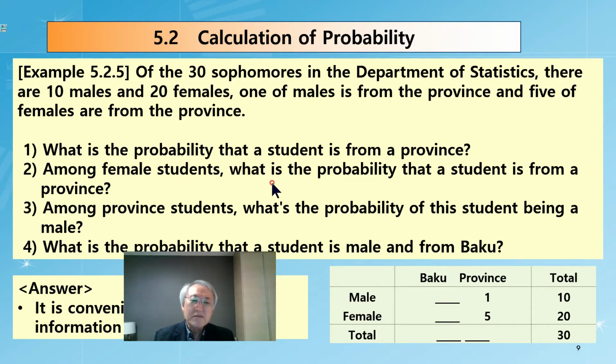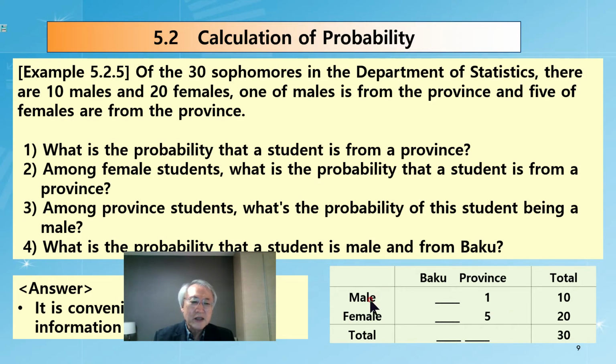Here's another example. 30 students, 10 male, 20 females. One of the male students is from the province. 5 of the females are from the province. If you have this kind of information, it would be helpful to write it down in this manner.